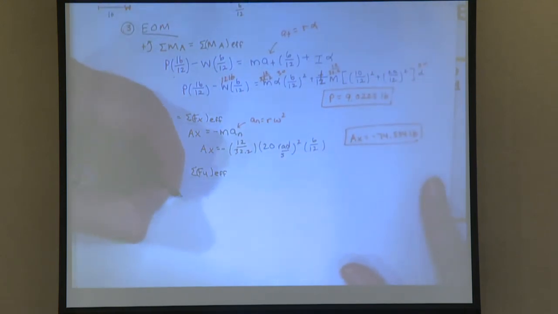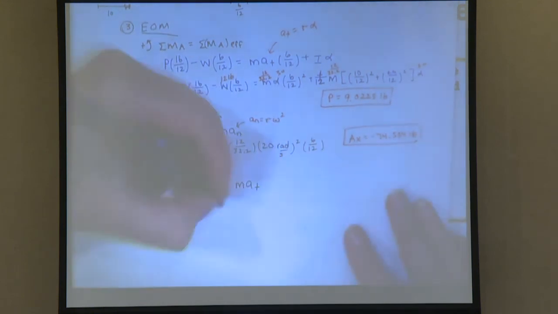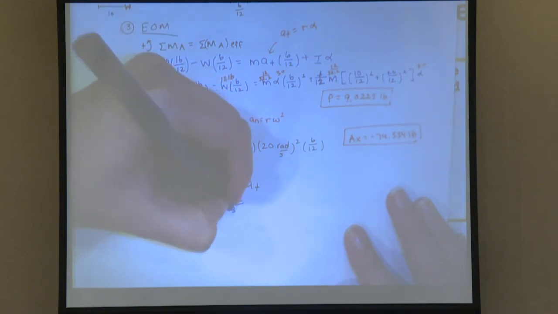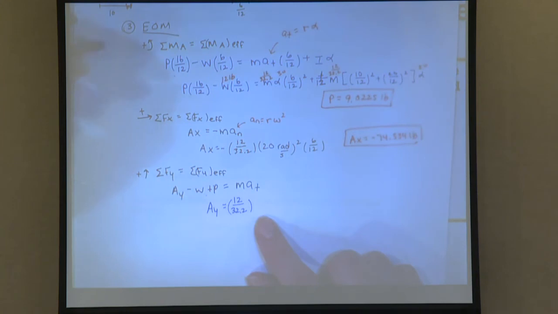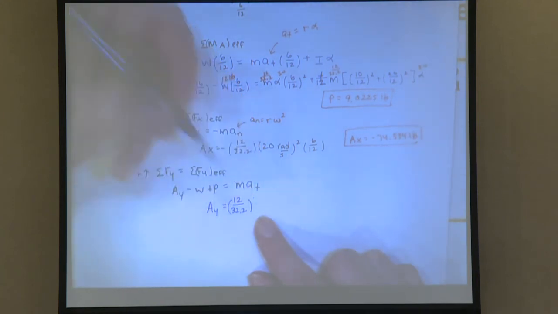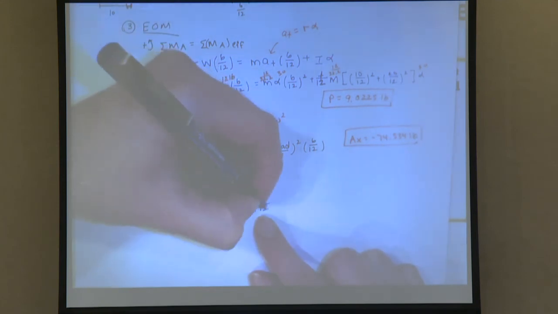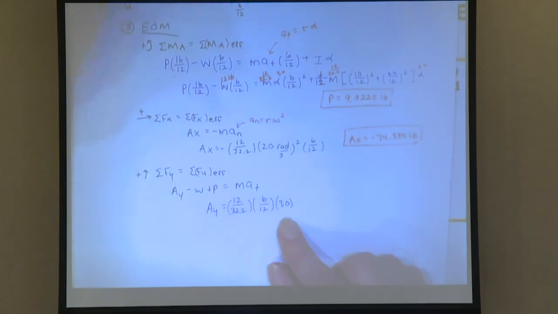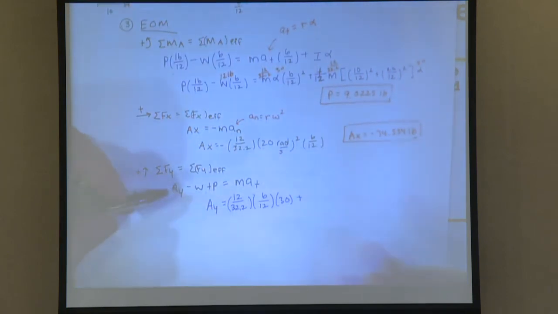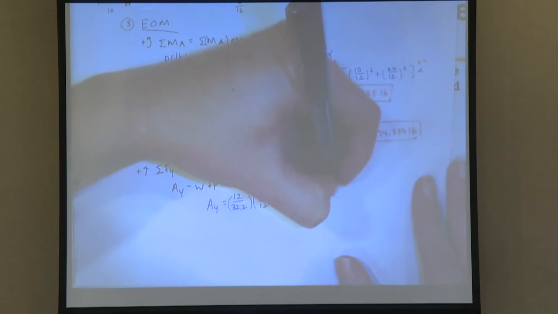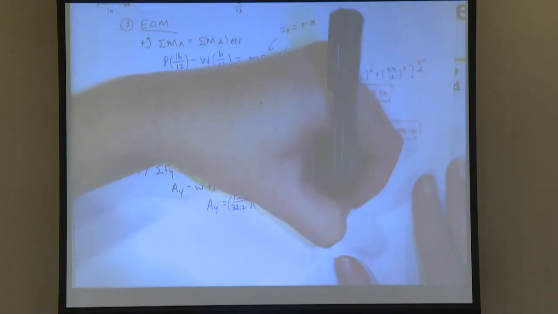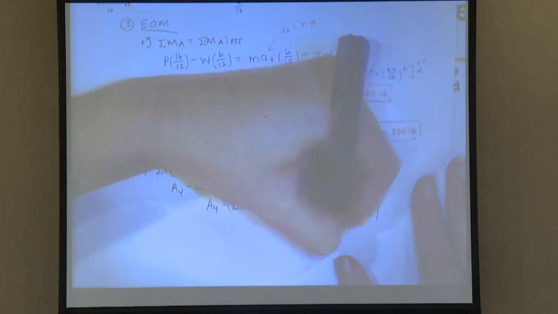So we have A_Y minus W plus P is equal to M A_T. A_Y is going to equal 12 over 32.2, so that's our M, times A_T, which we said is R alpha, 6 over 12 times alpha, which we said was 30, plus the weight, if I move it to the other side, which is 12 pounds, and then minus P, minus 9.0225. So A_Y should give you 8.568 pounds.